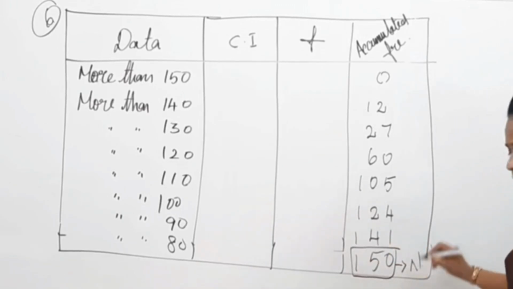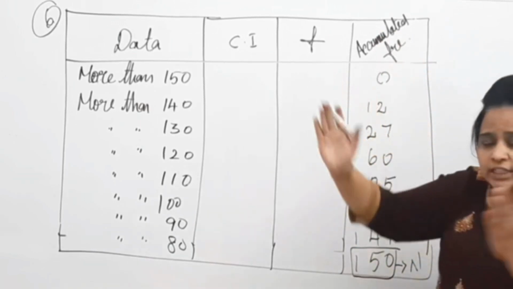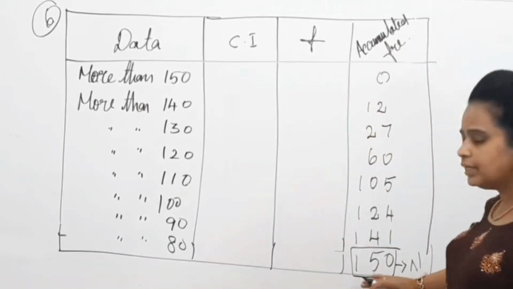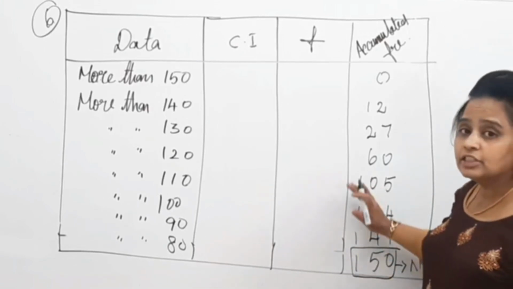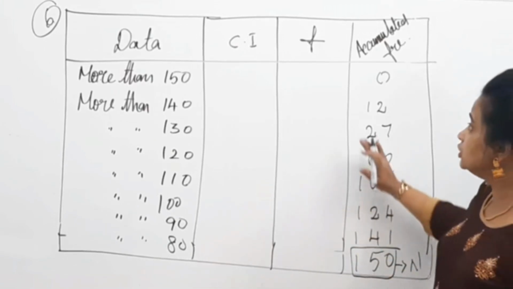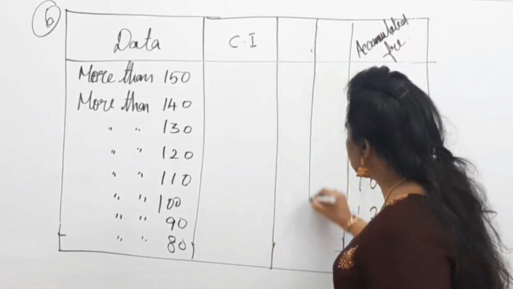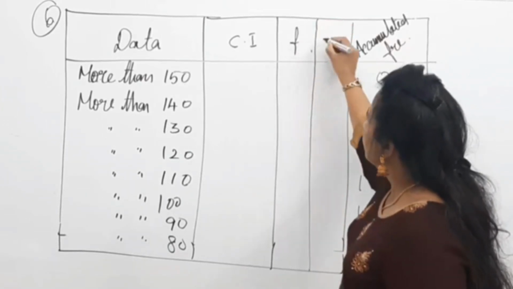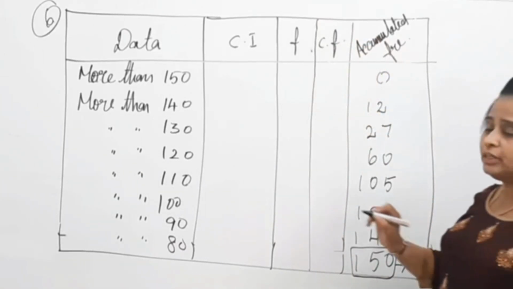Any of it is going to be my n. Why? Because the total, it's totally accumulated and you get your 150. But when it is more than, it is not the cumulative frequency. So you will have in your mind, my cumulative frequency is going to be different from this accumulated frequency. That you should keep in your mind.